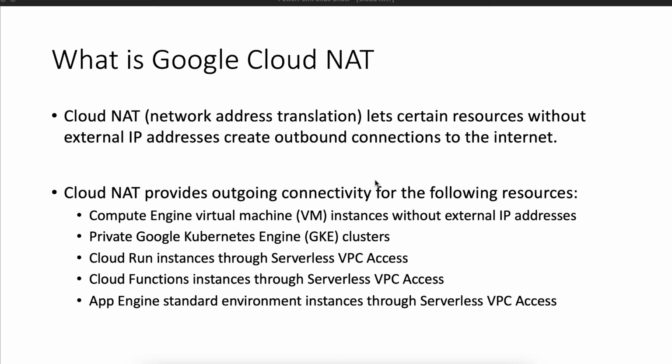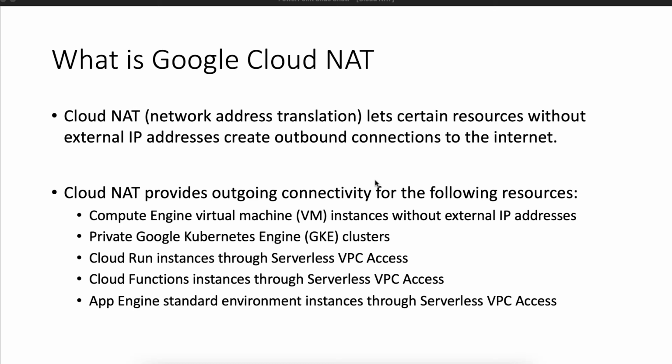Why do you need NAT? Think of it this way: when you create a virtual machine, you get two types of IP addresses, private IP and public IP. In order for your virtual machine to access the internet, you need a public IP.